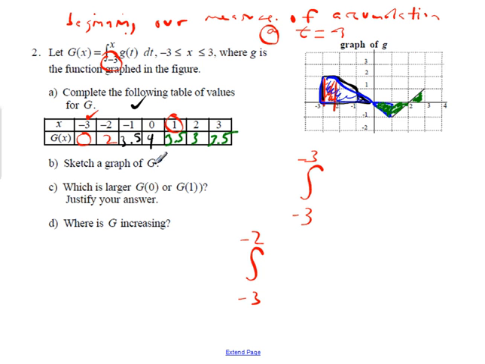So to sketch a graph of g, we just plot all these points. So when x equals -3, g equals 0. I'm going to need a good marker to make this clear.